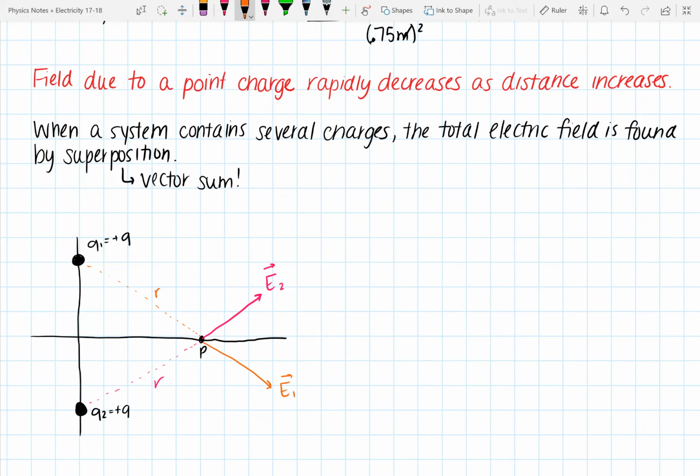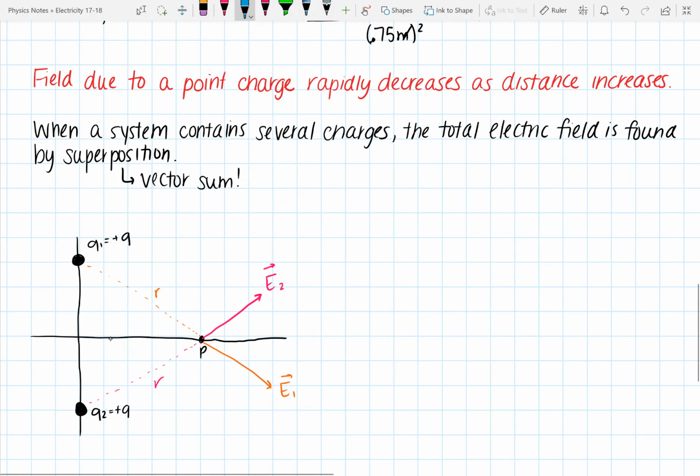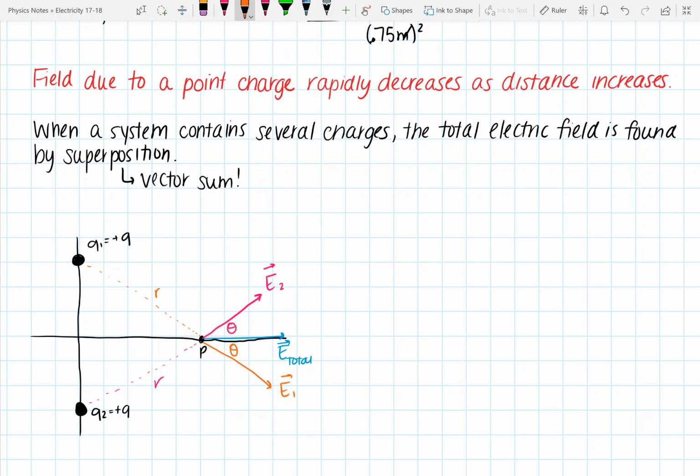But I need to find my total field. So I need to find E total. Okay? Again, I've got some thetas in here. Here's theta. And because they're the same distance away, these two angles should both be the same. Okay, so I've just sketched the drawing. This is because of symmetry that I can say that the two angles are the same.